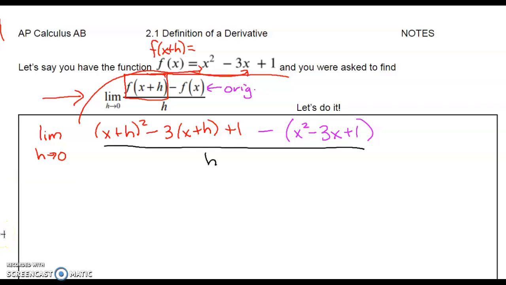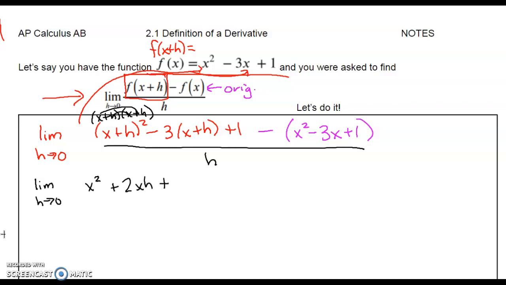Okay? And so what happens is we're going to do a lot of computation to simplify this. So I still have the limit as h approaches 0. And we're going to multiply that out. So remember, that looks like x plus h squared. You can't just square each of those terms. So you get x squared plus xh plus xh is plus 2xh.